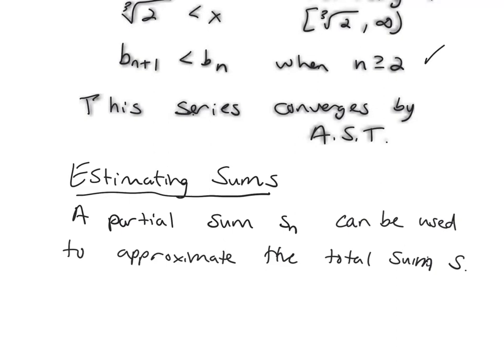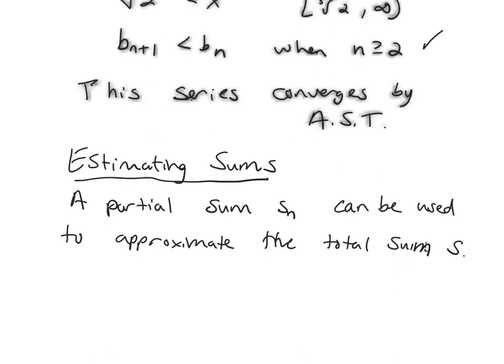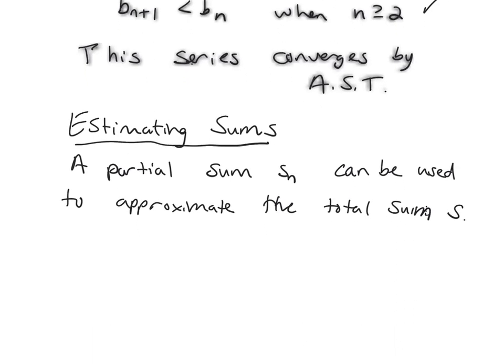So I'm adding up a finite number of terms in my list, and that's estimating for me the total sum. But anytime you do an estimation, you're always worried about how accurate your estimation is. Okay?